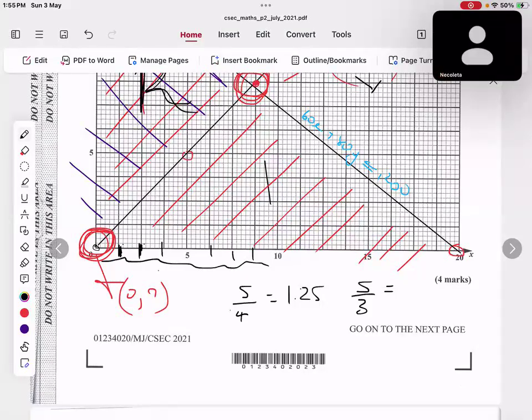So 1.25. So Javari, based on the scale that we have, this right here would be what? 6.25.